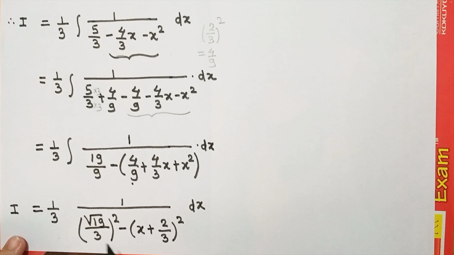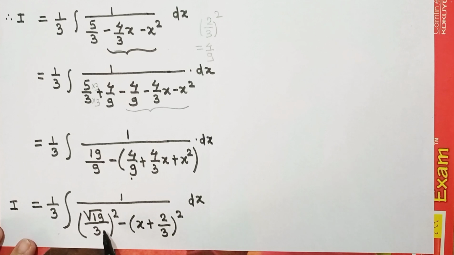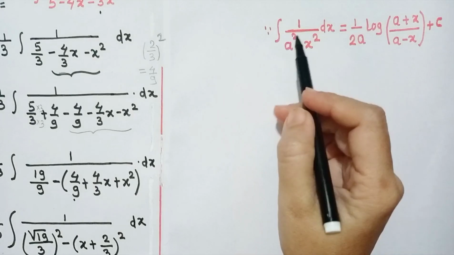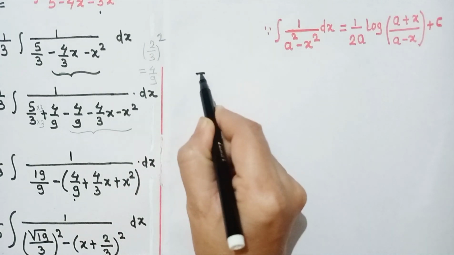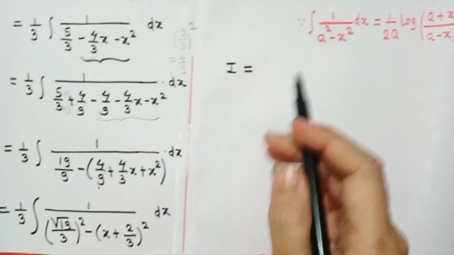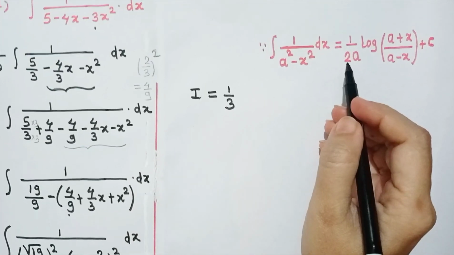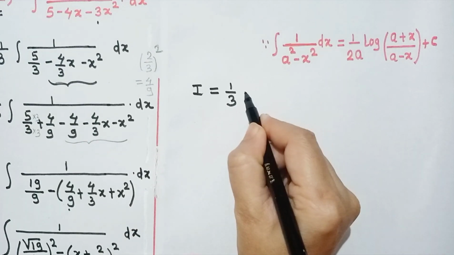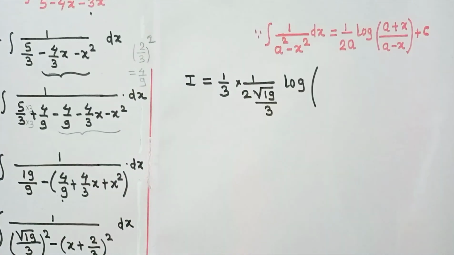Now check again, we have to write the integration symbol, and this is in the form 1 upon a square minus x square. So we will use this formula, and so I is equal to, first we will write this 1 upon 3, and then 1 upon twice a, and again a means root 19 by 3.